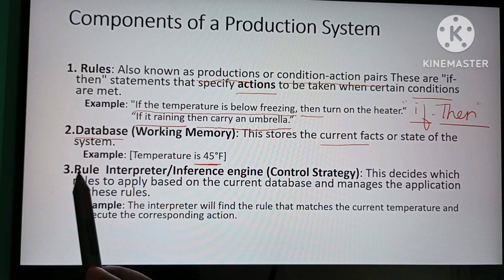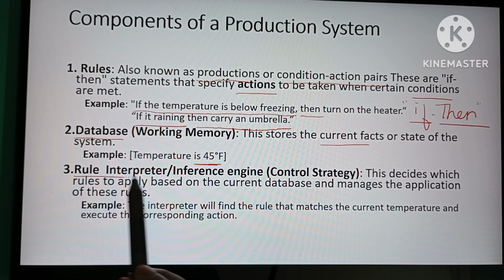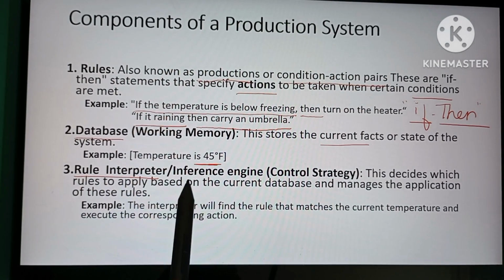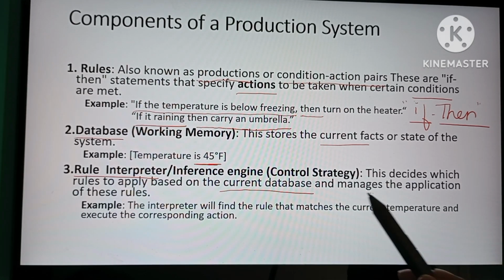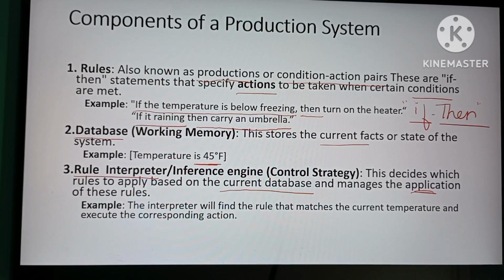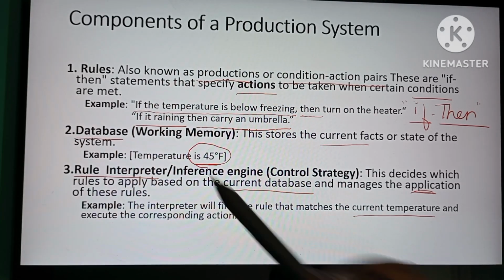The third component of a production system is the rule interpreter or the inference engine. This component decides which rules to apply based on the current database, and it also manages the application of these rules. For example, the interpreter will find the rule that matches the current temperature and execute the corresponding action.